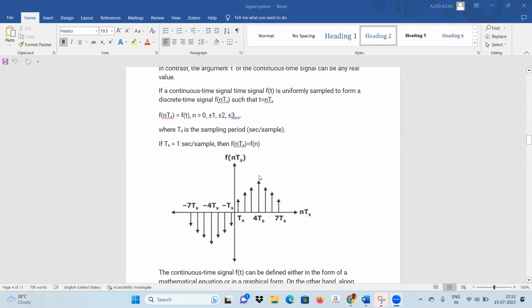This is a sine wave. This is a discrete sine wave.